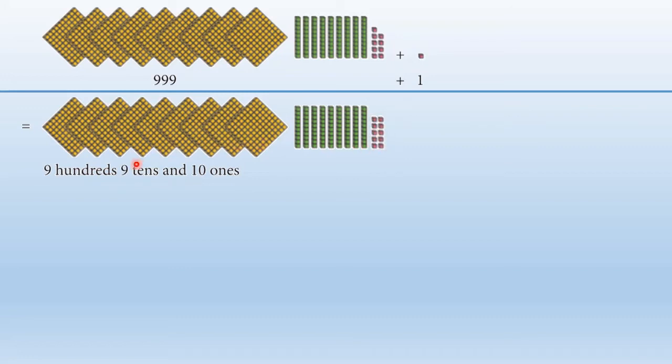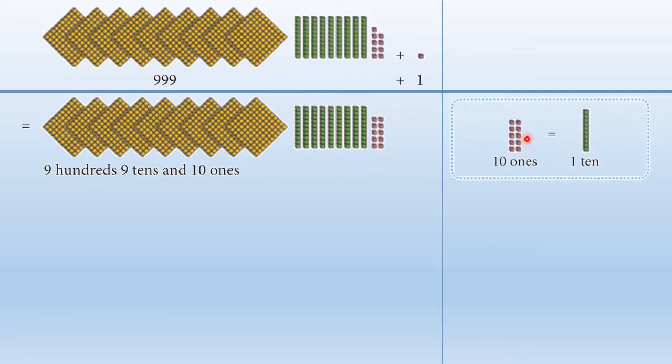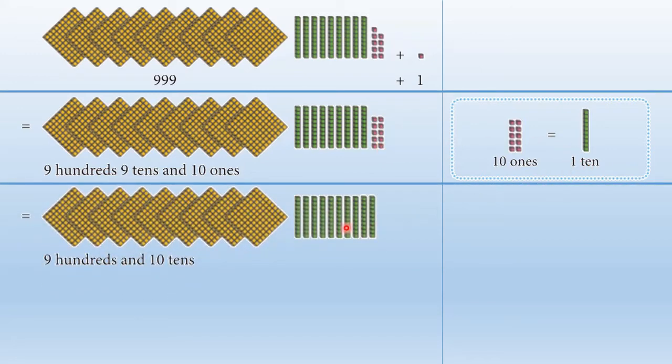So now we have 9 hundreds, 9 tens and 10 ones. These are 10 ones. Now these 10 ones are equal to 1 ten. We can replace these 10 ones by 1 ten. So when we do that, we will get like this.